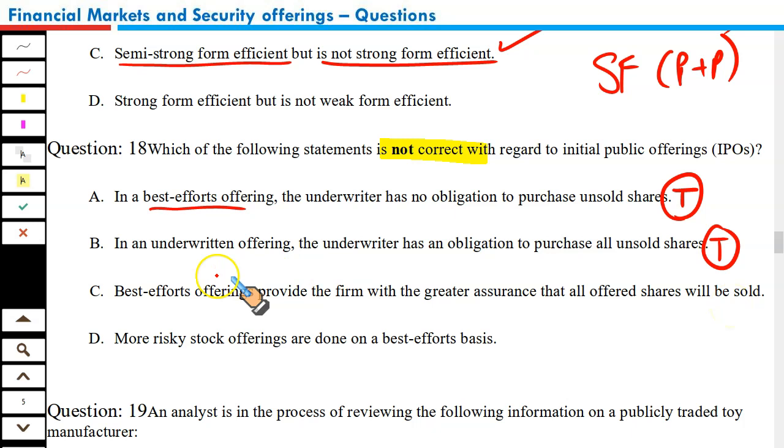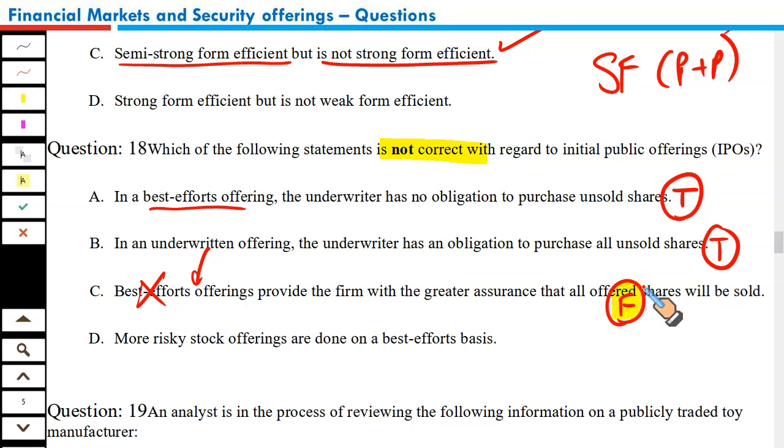This is incorrect. It is not the best efforts offering, rather the underwritten offering, that provides the firm with greater assurance, because if the shares are not sold, the underwriter is obligated to purchase them. So this is the incorrect statement, hence our right answer. It's a false one.